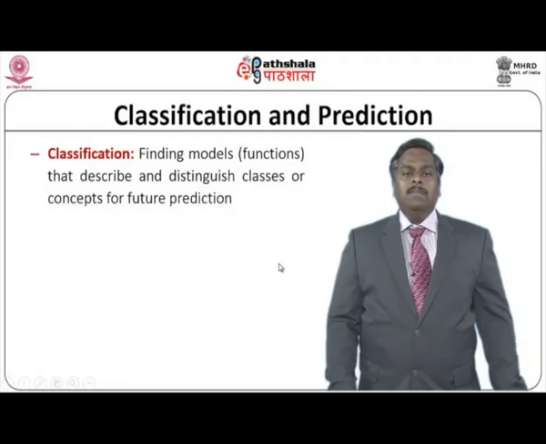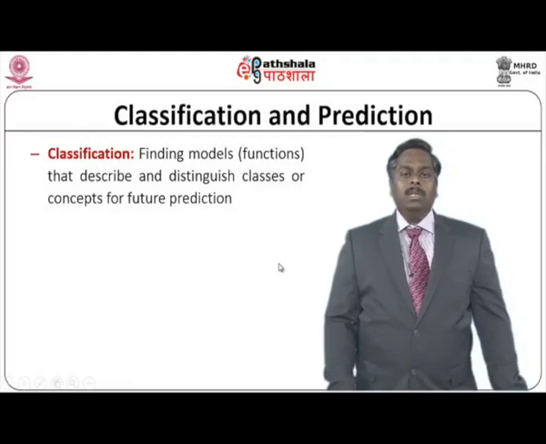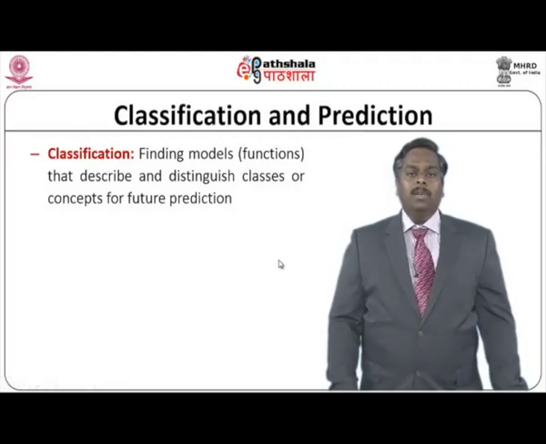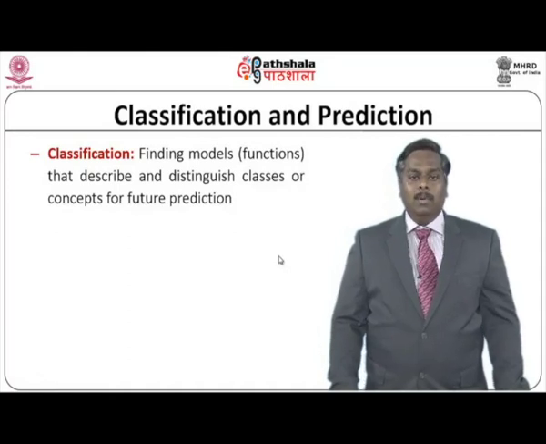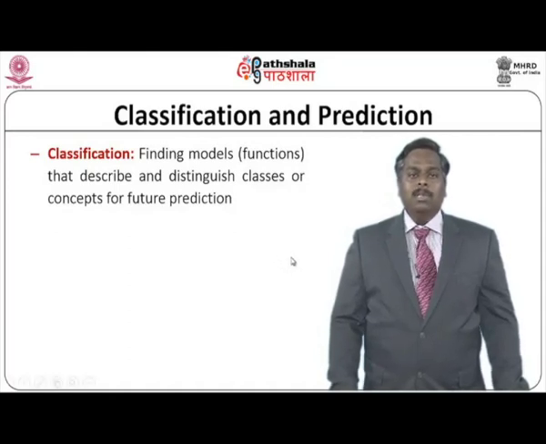Now, in classification, what exactly we do is, we actually make use of labels that are previously known. Only those labels that are previously known will be further used for the purpose of assigning a class label to any unknown data. In other words, it is actually called as supervised learning. That is, with the help of examples, we are learning.